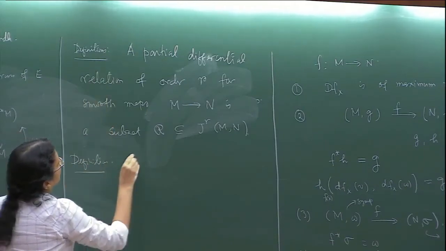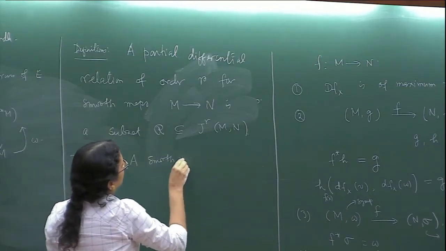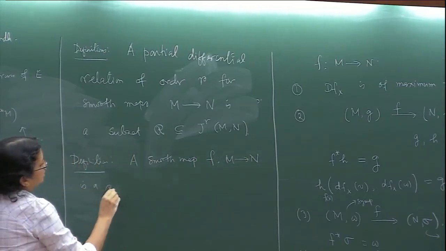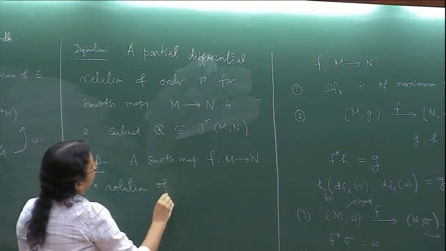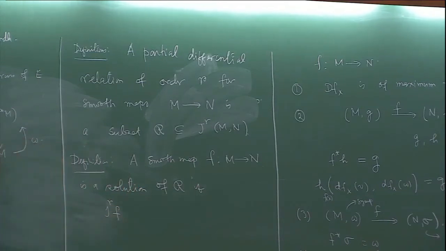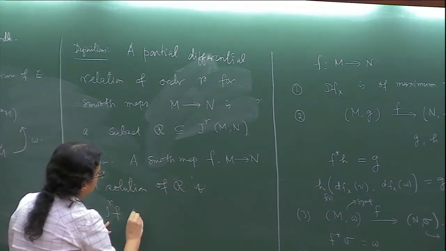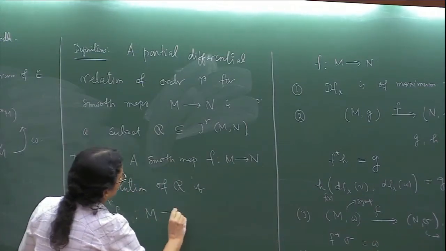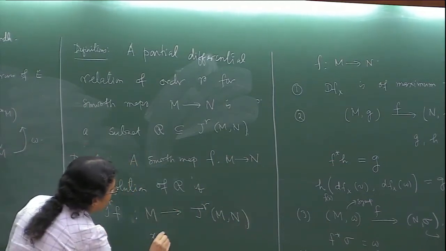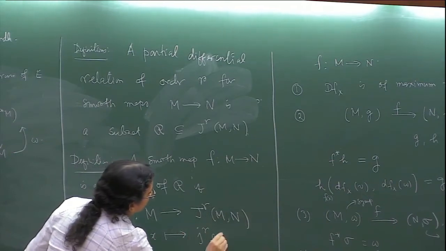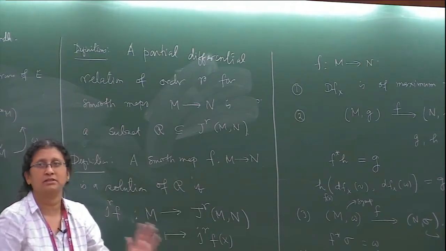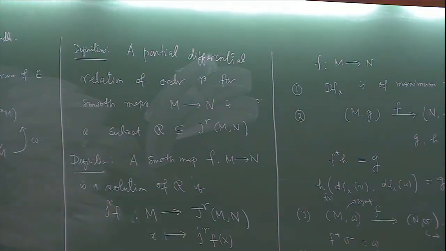Second definition: a smooth map f from M to N is a solution of R if you look at j^r f. What is j^r f? Let us define. j^r f will be a section of this bundle. How? It takes x to j^r of the function f at x. Always remember that j^r f at x is nothing but the Taylor polynomial of order r.